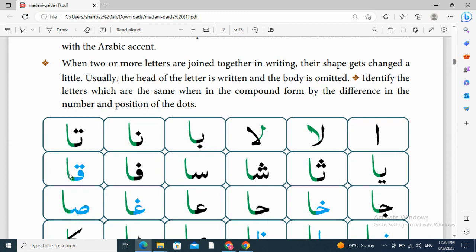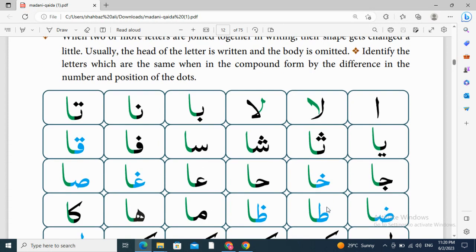Qaf alif, qaf alif. Jim alif, jim alif. This letter is also known as huruf musta'aliya, and it is also read in a thicker voice.